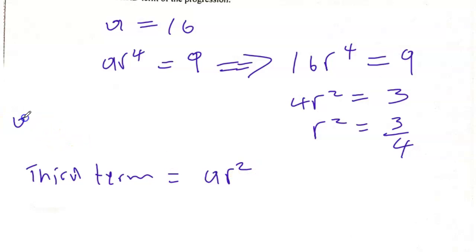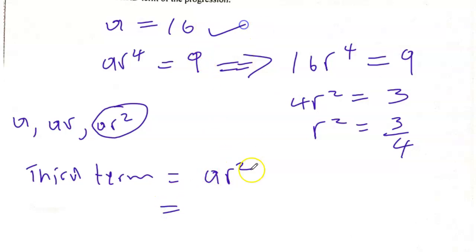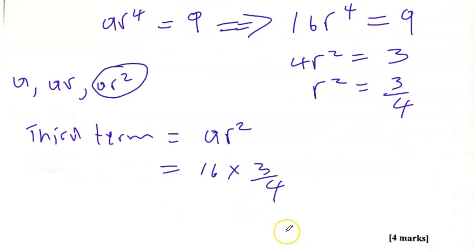Remember the first term is a, second term ar, third term ar squared, which is what we want. We know a to be 16, and we know r squared to be 3/4. So 16 times 3/4, 4 into 16, 4 times 3, 12. So the third term is actually 12.